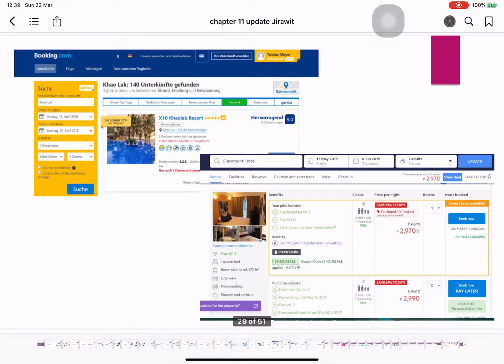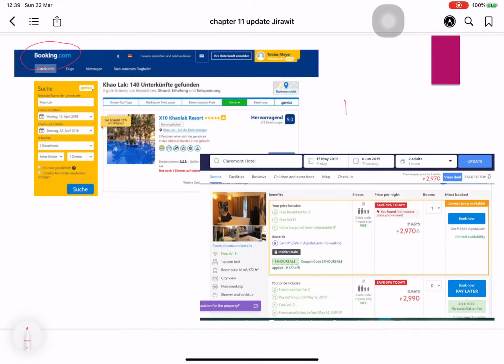This is the platform to book the hotel. When you go outbound, when you go to some country, you can use booking.com to book your hotel. And this is what the UI looks like.